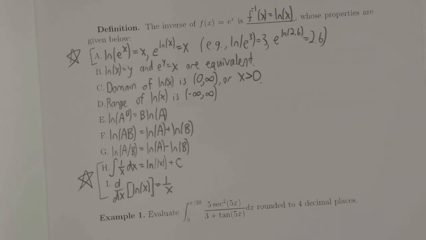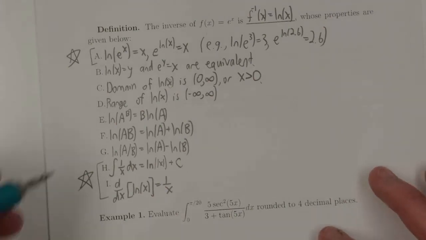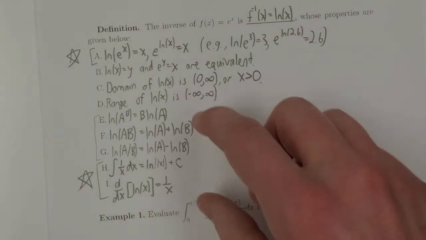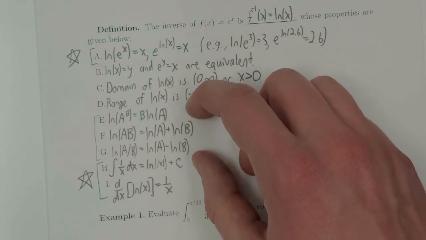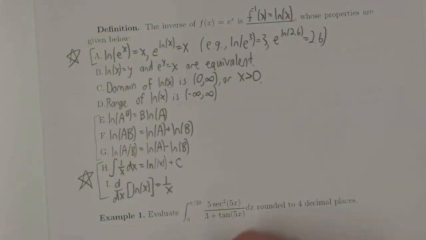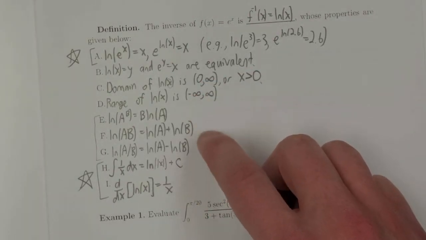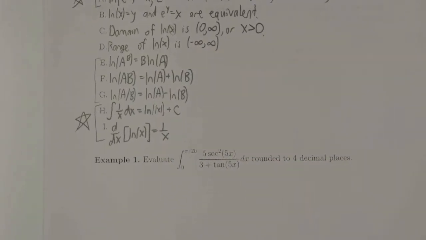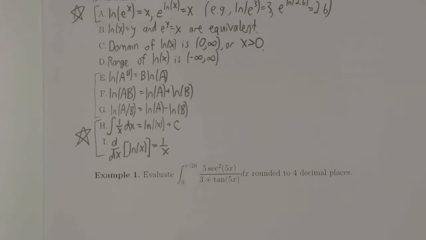Okay. Though I think E through G will be important if they're in a multiple choice situation on an exam and they're like, okay, well, if you have something in exact value form regarding natural log, and they have something simplified, then what would the answer be in that? And I'll briefly touch one of these in the first example, but yeah. Okay, so I'll give you guys a second to write all those down, and then we'll go ahead and move on to the first example.